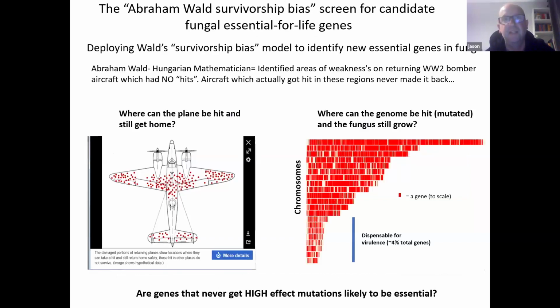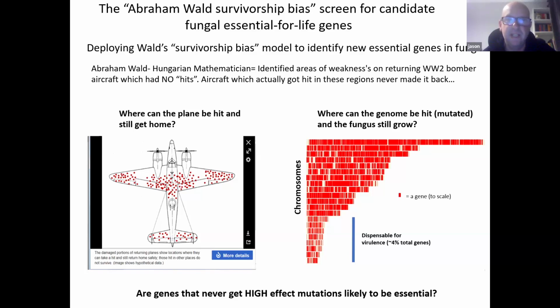And this is very similar to the concept developed by Abraham Wald, the Abraham Wald survivorship bias screen, which he employed during World War II to study bomber aircraft that returned successfully from missions. He looked at where the aircraft had artillery damage and also where they never had artillery damage.